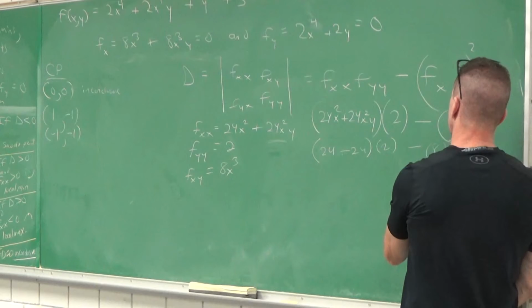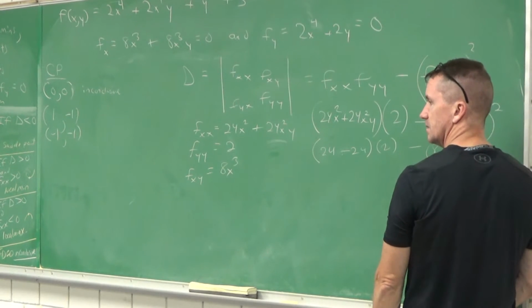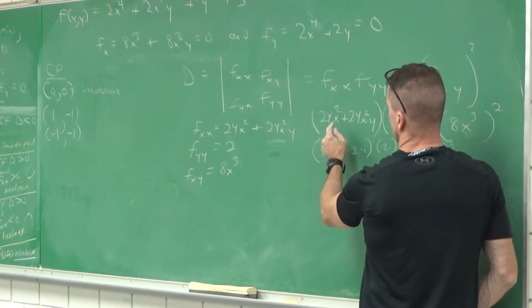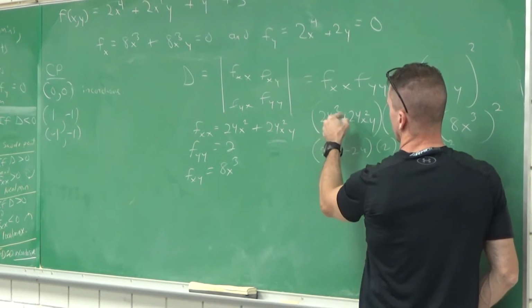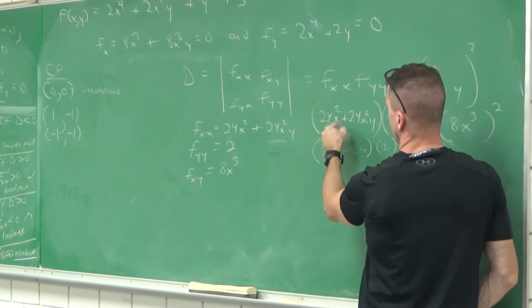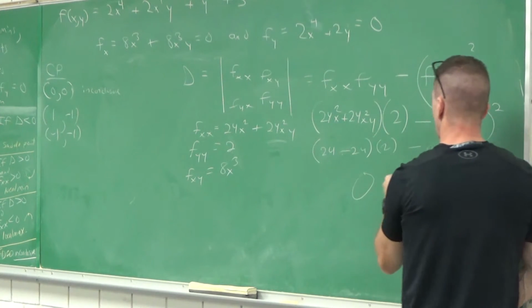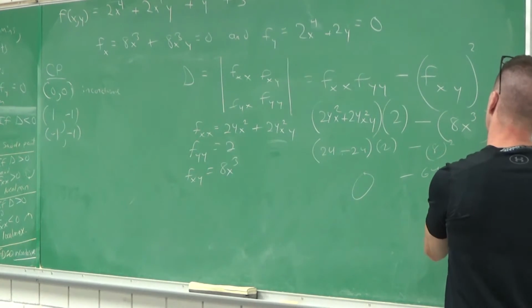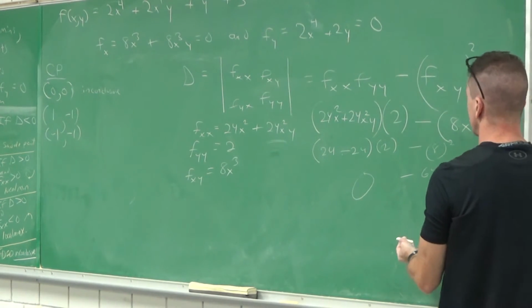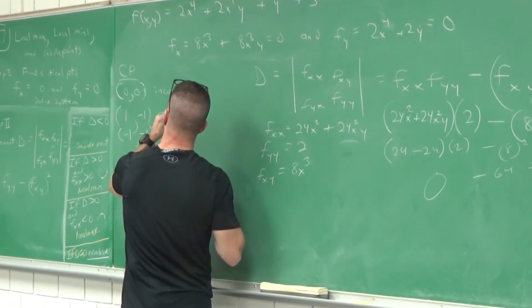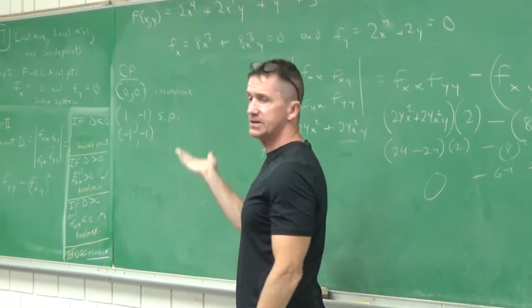That's minus what? Saddle point? Because this is turning into a 0. Isn't that 0? At 1, negative 1, 24 plus negative 24 times 2, 0 minus 64, negative 64, your saddle point. And we'll leave 0, 0 as inconclusive.